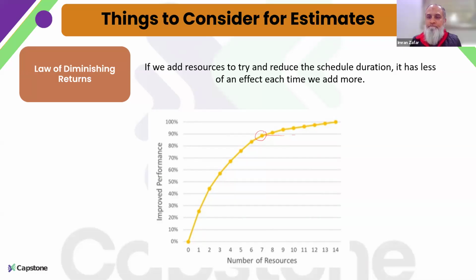How to determine the optimum point? That will again depend on your judgment. There is no formula for it. You need to understand the scenario. Like we have just discussed a very simple example of painting a room, which everyone can relate to.